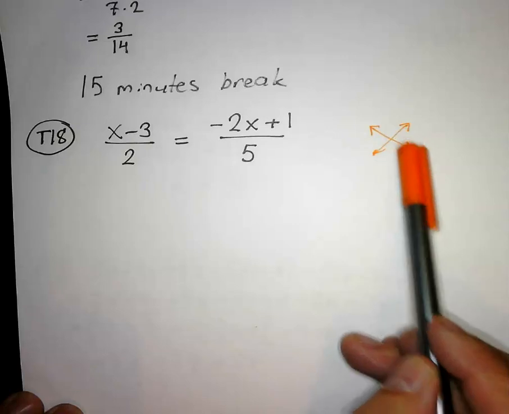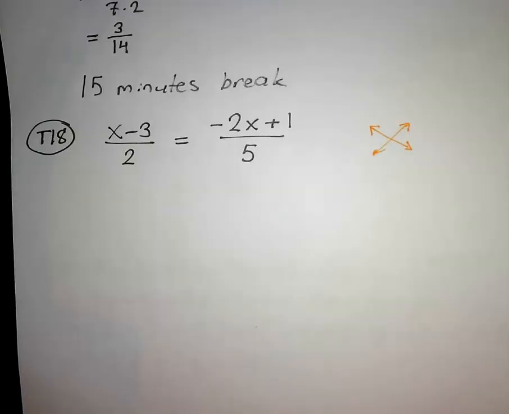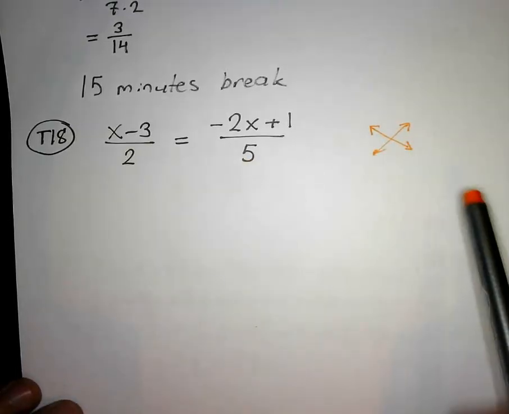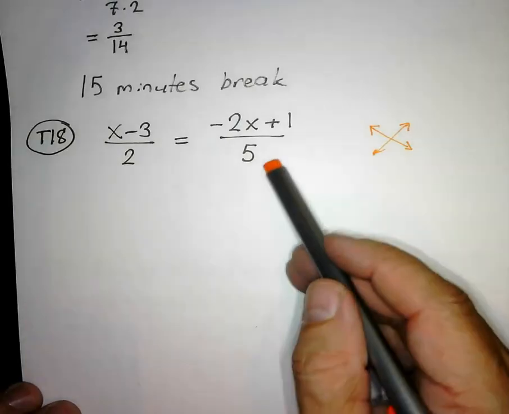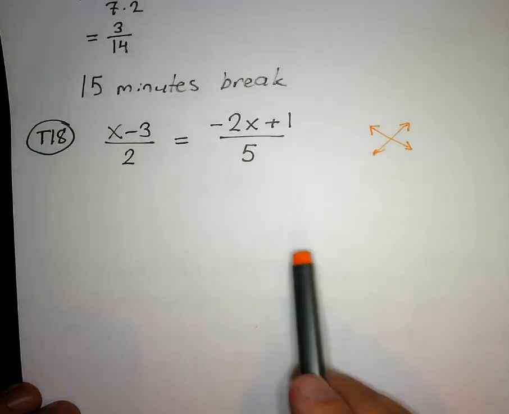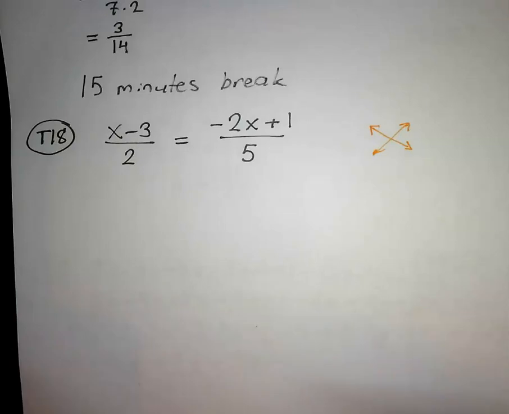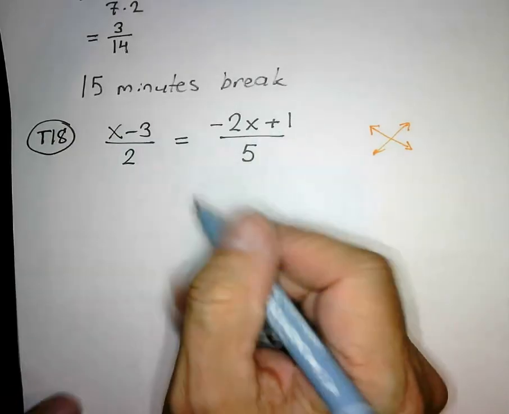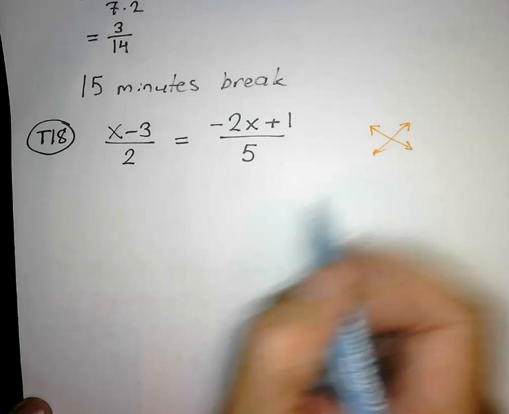So this sign, which looks like some kind of cross, shows the direction of multiplication. So you get away from these fractions this way.